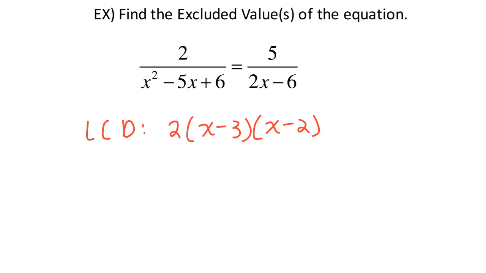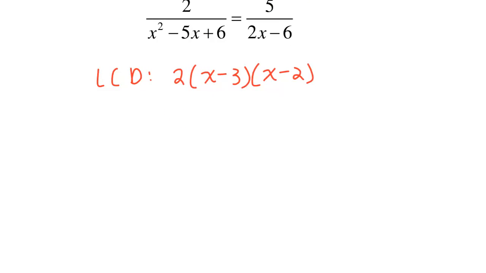Now for the excluded values, you make each part equal to 0 and solve for x. So for this one, if I do 2 equals 0, does that make any sense there? Nope. 2 does not equal 0. So I'm not going to have an excluded value in that one. For this one though, x minus 3, I'm just going to switch the sign. That's going to be x equals positive 3.